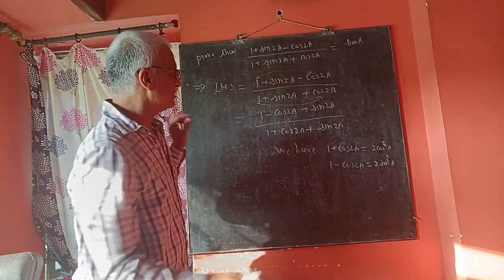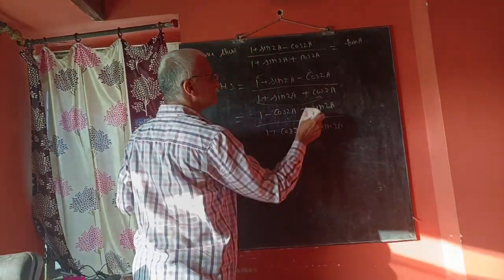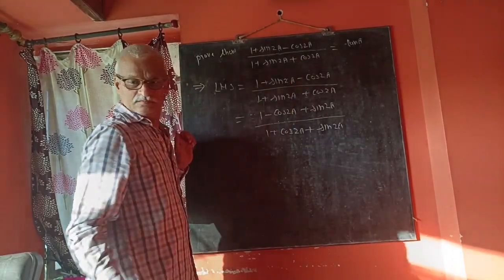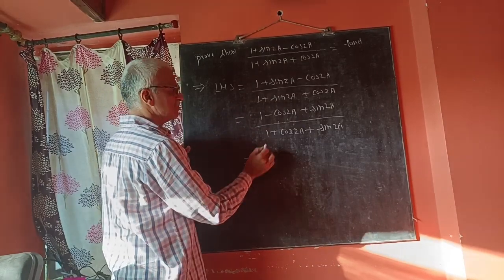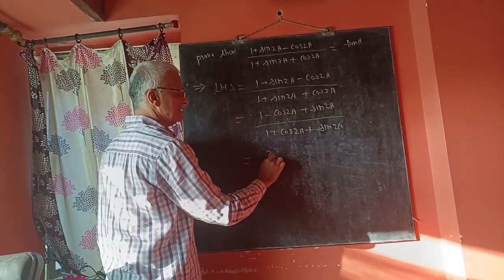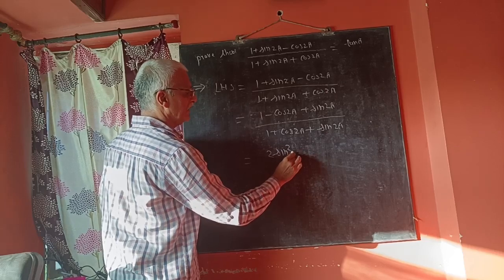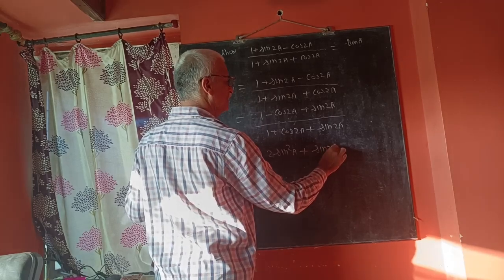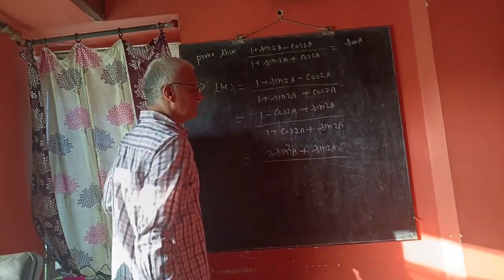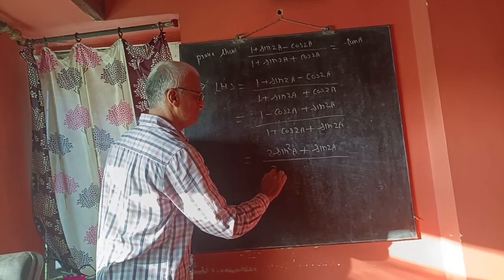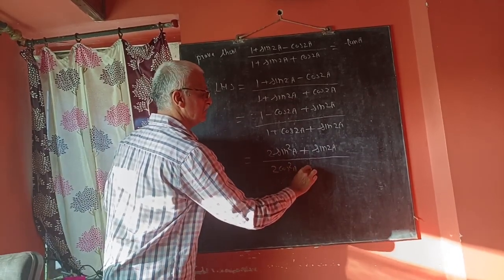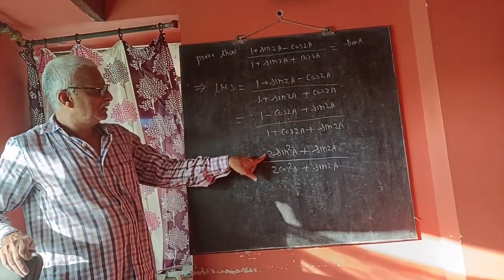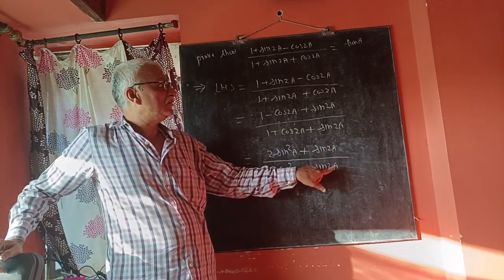Now applying those formulas, this is equal to the value of 1 minus cos 2a, that is 2 sin square a, plus sin 2a, divided by 1 plus cos 2a, that is 2 cos square a, plus sin 2a.